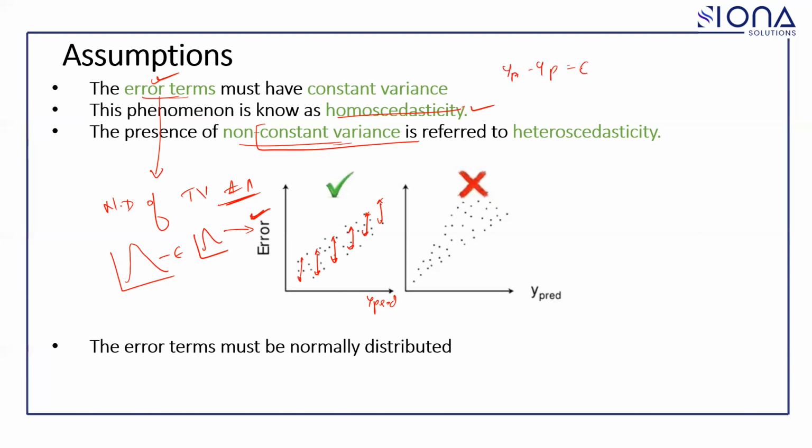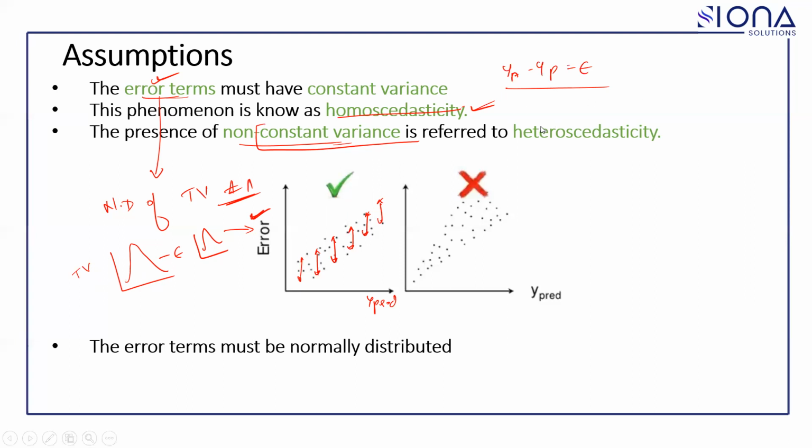So that is the reason why we skip this check and we only check for assumption number 1, that is the target variable should be normally distributed, which also proves that the phenomenon of homoscedasticity is satisfied. Are you guys with me? Yes, sir.